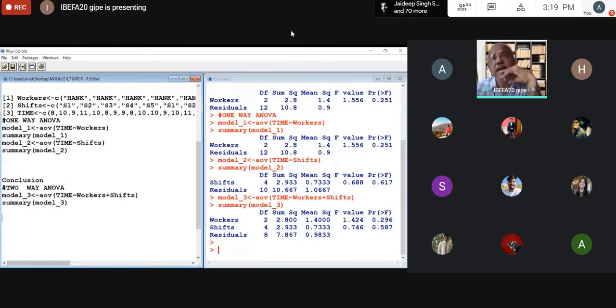Can't you see? Shift-wise the data changes for Hank. The data for Joseph also changes from shift to shift. On the same shift, do they have the same values? Tell me.